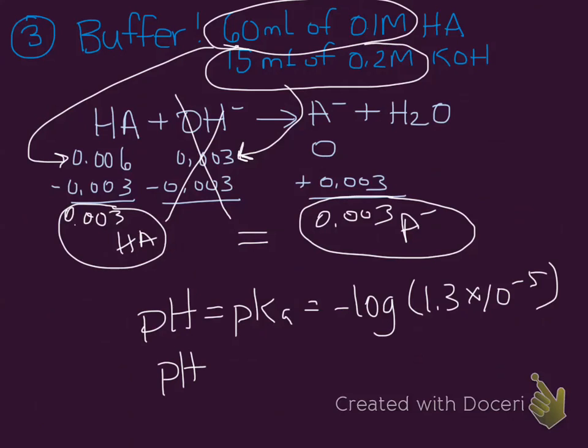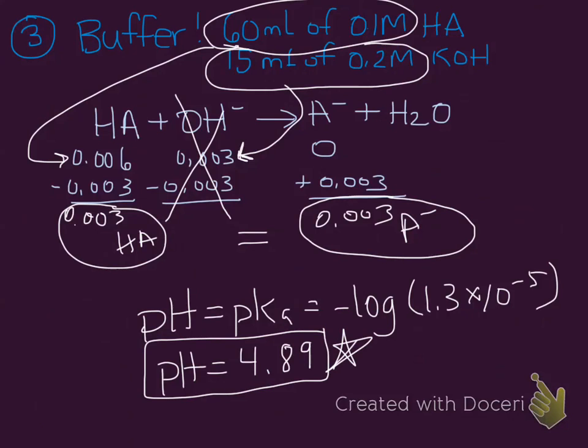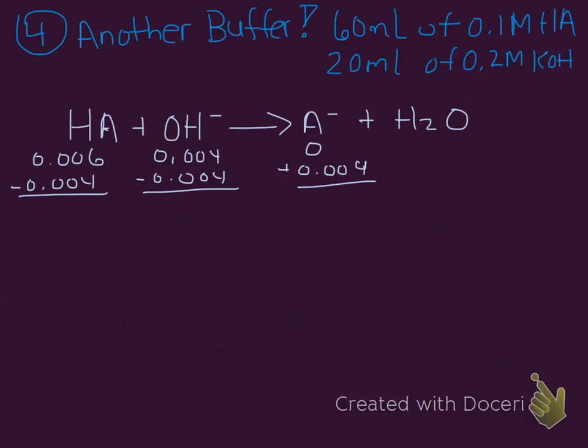So the pH at this point in the buffer region is going to be 4.89. I calculated that before. So we need to make sure that we star this so we can find this point and graph it. And again, that's very important in the buffer region. That's a very important spot.